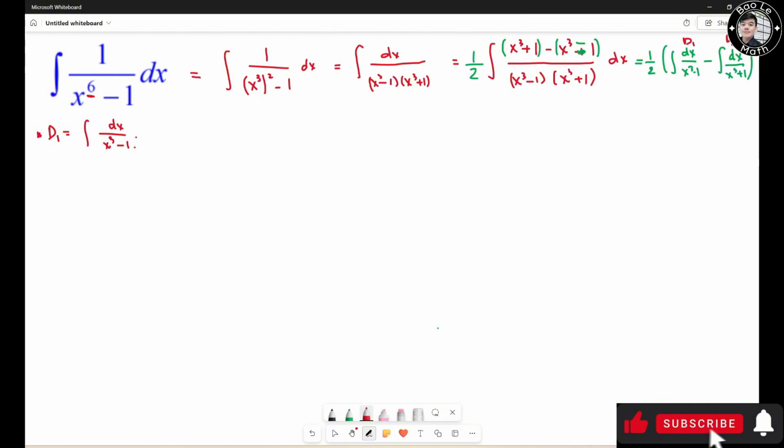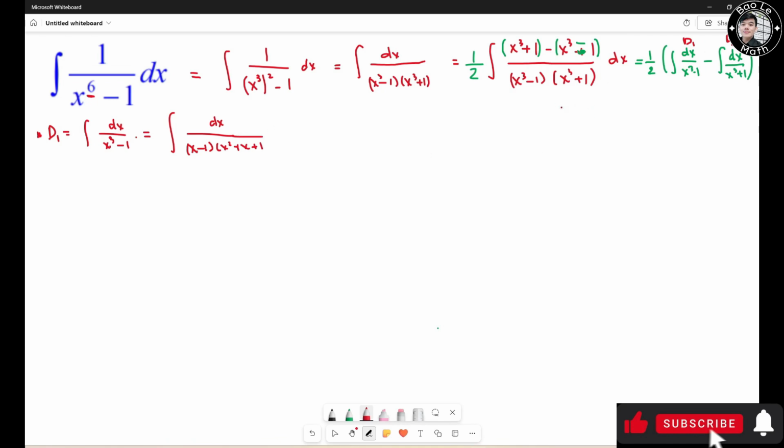Alright. So, in order to do this one, I need to expand the bottom. So it turns out to be the integral of ds over s minus 1 times s squared plus s plus 1.